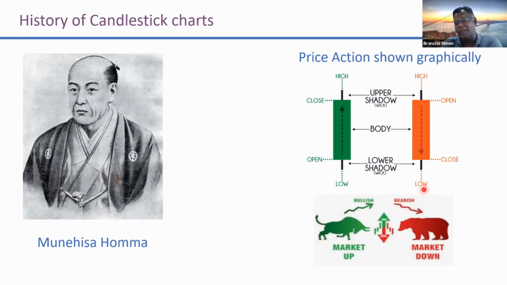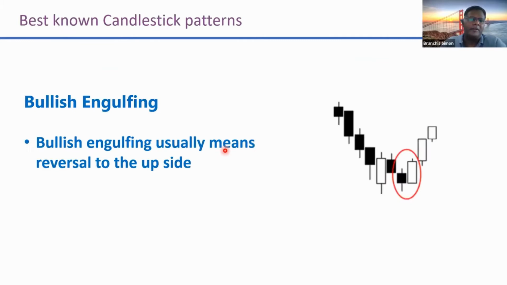Basically, it is the way the animal attacks. When the market goes up, it's like the bull attacking from the bottom up, so it is bullish. The way the bear attacks, it pulls you down. So the market is going down. That is how they refer to it.